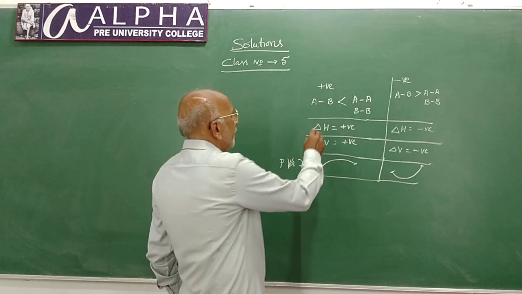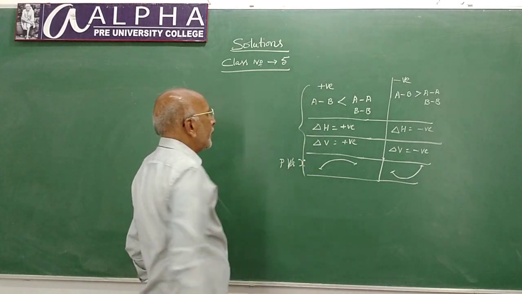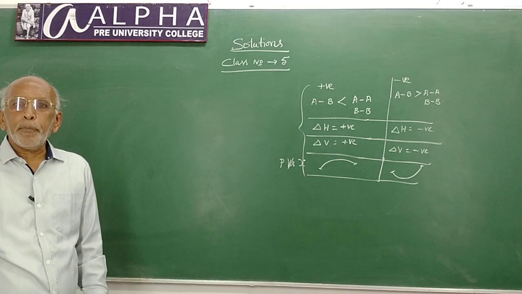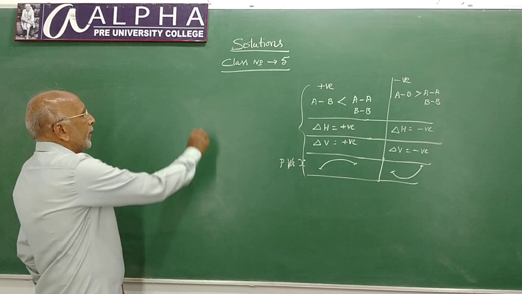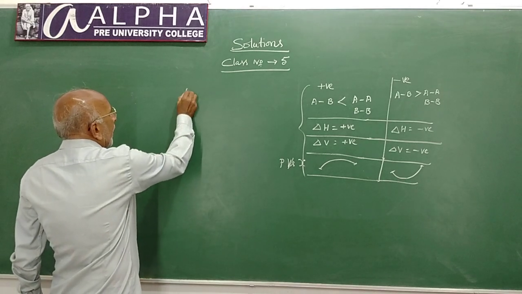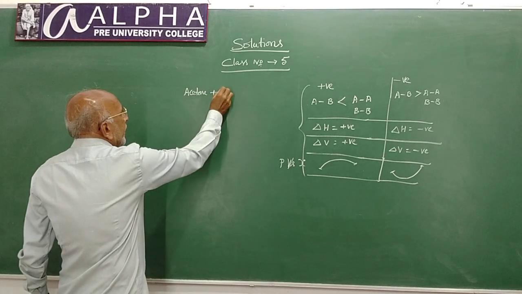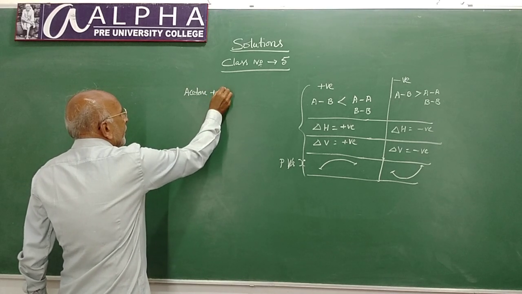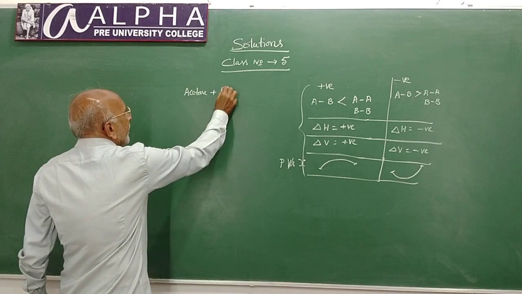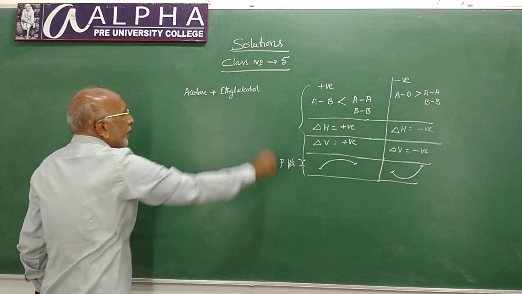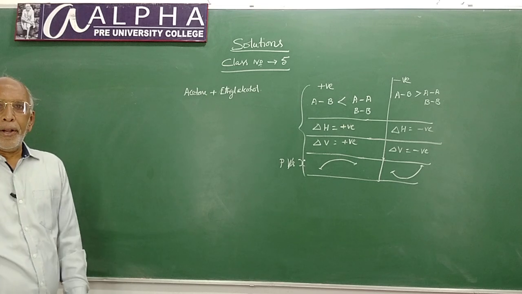See, I will give some examples for non-ideal solution showing positive deviation. Mixture of acetone and ethyl alcohol.